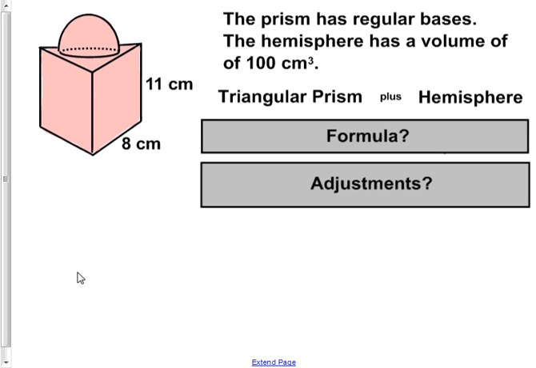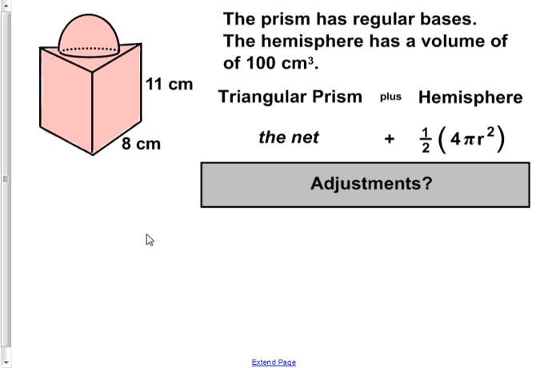So triangular prism plus hemisphere is a good description. For the formula, again, with a prism, we will be considering the net of the figure. And for the hemisphere, we have a formula for the surface area of an entire sphere. That would be 4 pi r squared, but with the hemisphere, we're only interested in half of that, so we would have half of 4 pi r squared.